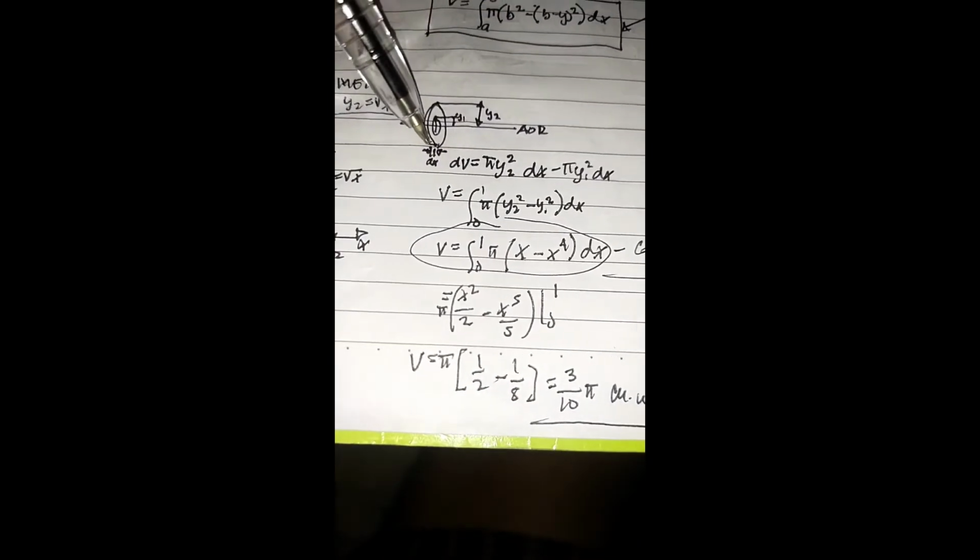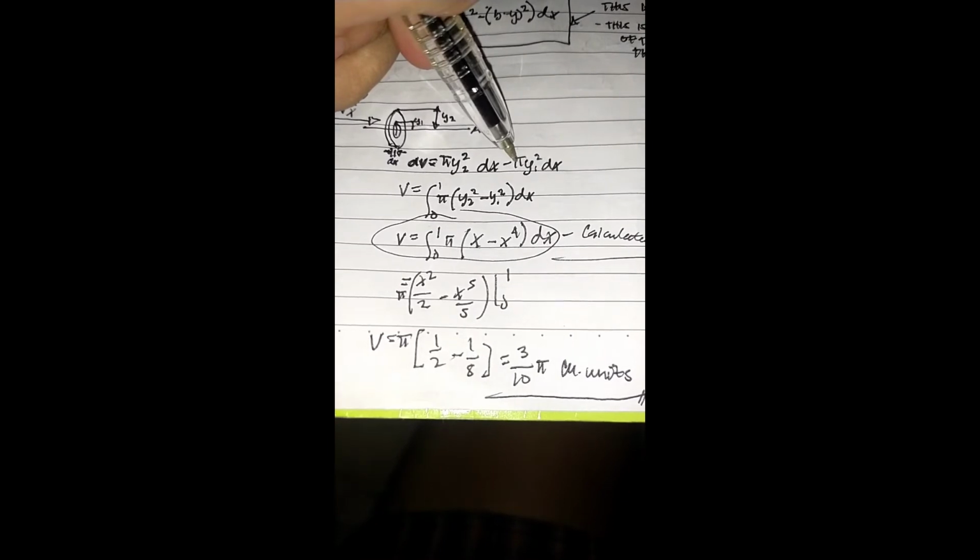So the formula for this is dv. This equals to pi y2 squared dx minus pi y1 squared dx. So v is equals to the integral from 0 to 1 pi, then y2 squared minus y1 squared dx.